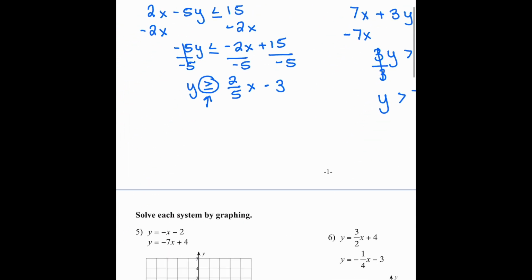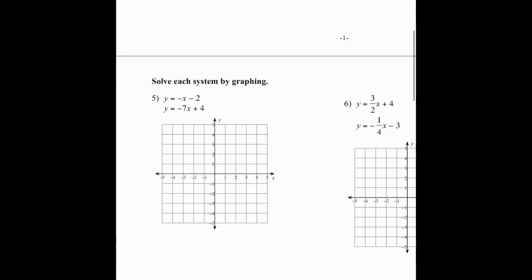Let's move on. In number 5, it says solve each system by graphing. So I'm going to start with graphing the first equation. My y-intercept is negative 2. And if I don't have a number in front of x, it's assumed to be an imaginary 1. And I can also put an imaginary 1 in the denominator.